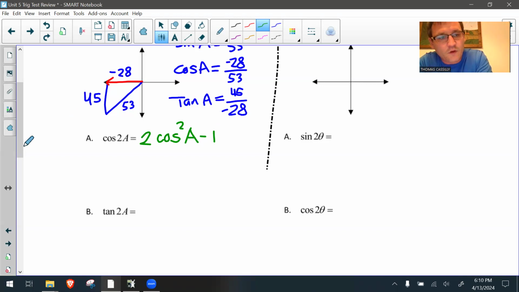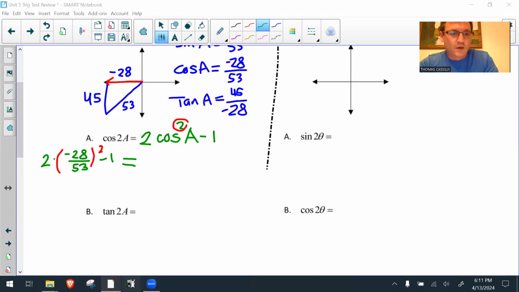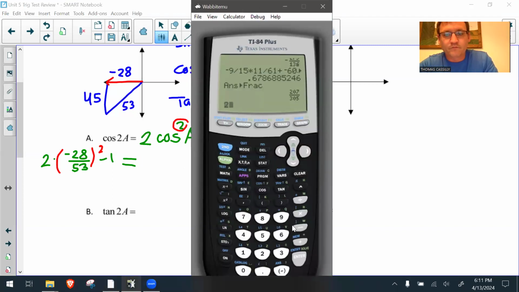So I'm going to go over here, 2 times negative 28 53rds. Now, this squared here, just go ahead and square the fraction. Then you got a minus 1. You can do it by hand, but in the interest of time, go to the calculator.